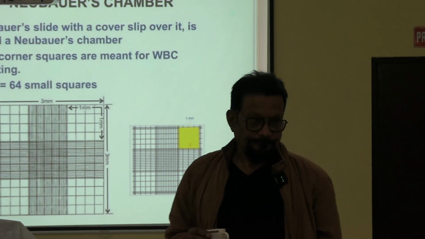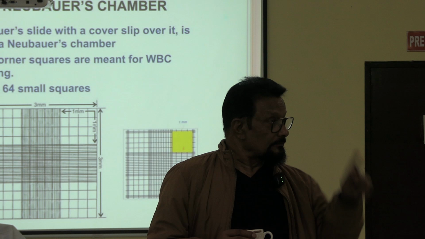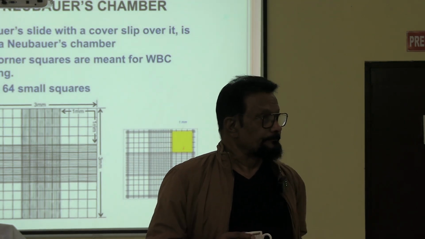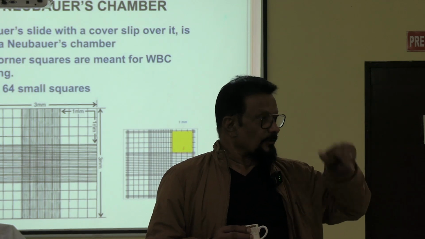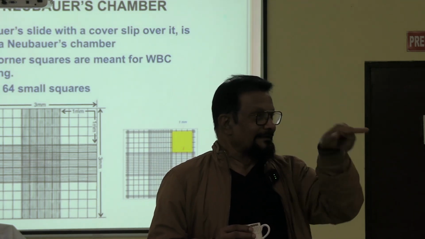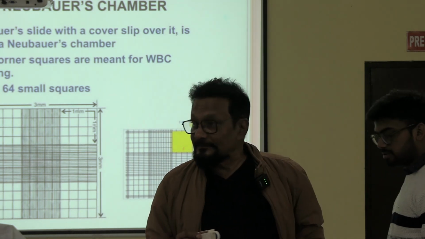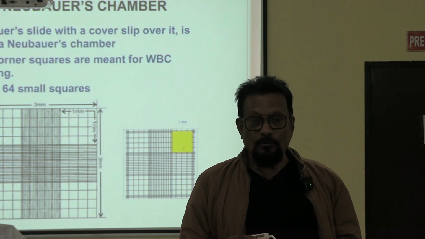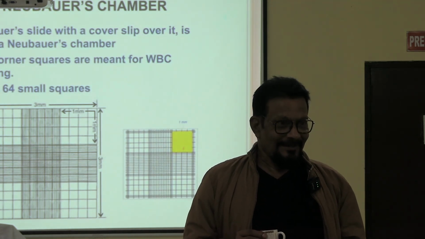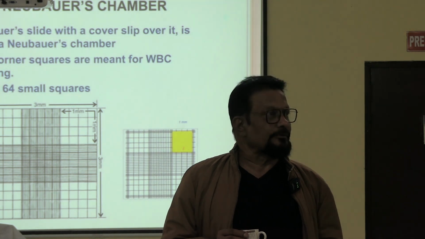The number of WBC is 5 in one small division, with volume 1/4 into 1/4 into 1/10. In this volume we have only 5 WBC, so what would be the count per cubic millimeter? Simple, unitary method, you do it.